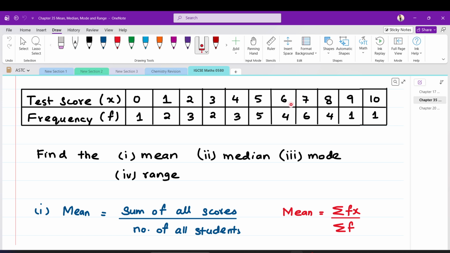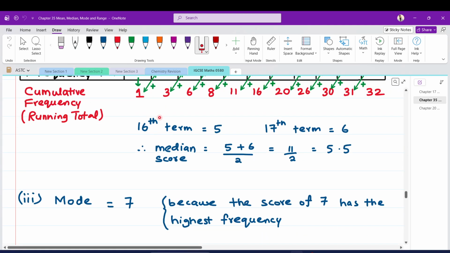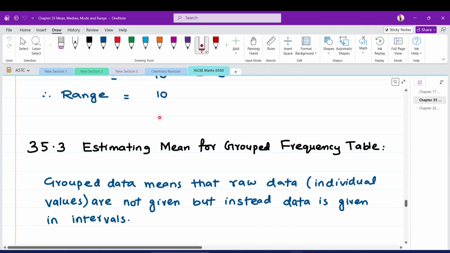This is how we worked it out, because there we knew the exact values, but over here we do not know the exact value, and we do not even know which value to take.